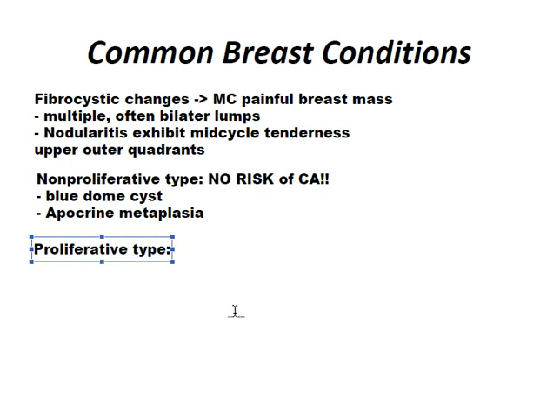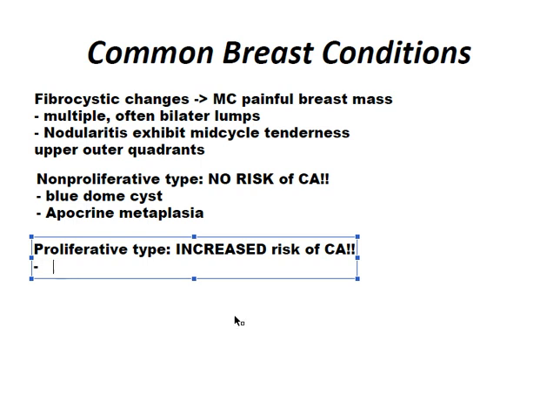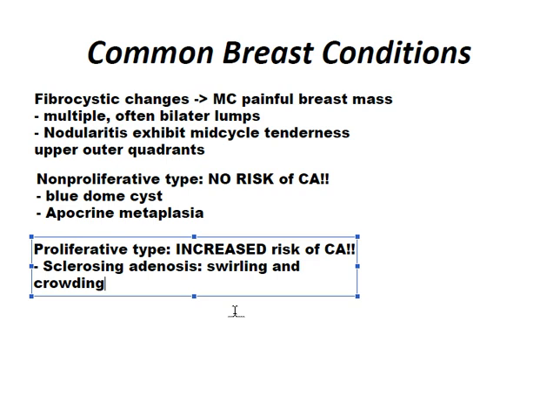The proliferative fibrocystic change gives you an increased risk of cancer. So that's the difference. You get sclerosing adenosis, where there's well circumscribed swirling and crowding of ducts and acini within a lobule.